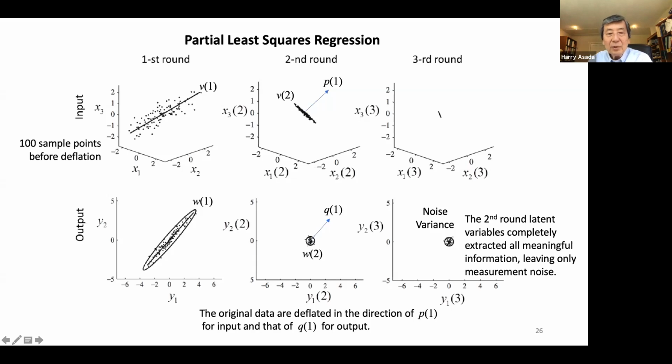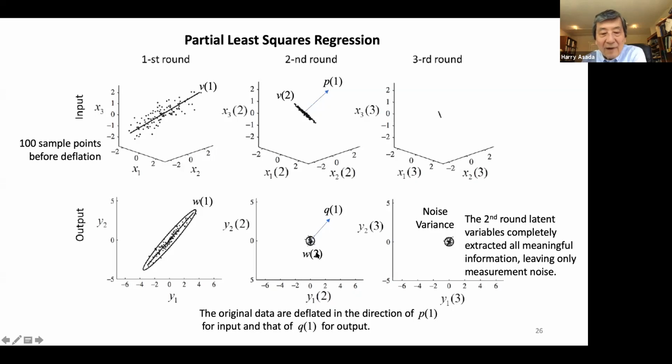So now what we do is treat this as a fresh set of input and output data, and we apply the same technique, singular value decomposition, and we found V2 and W2, which is a little harder to see, to be most correlated.